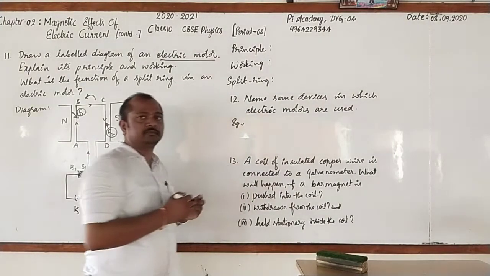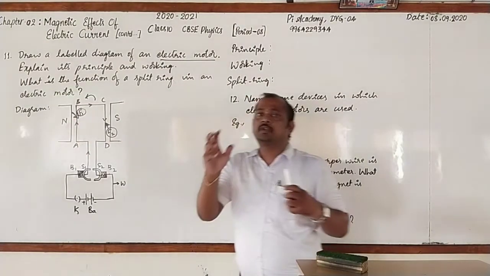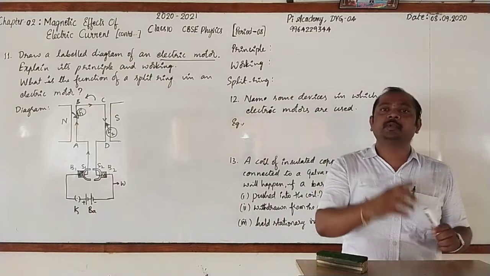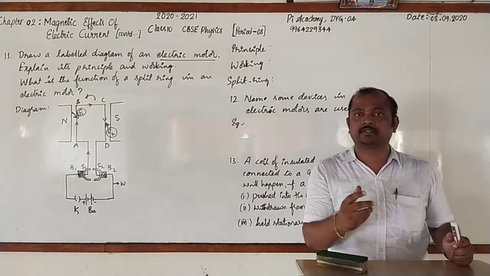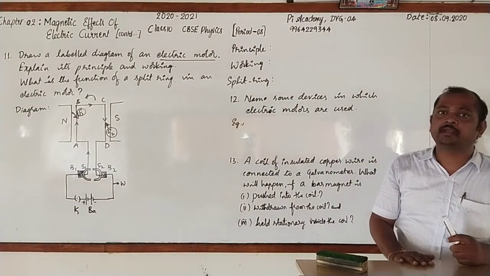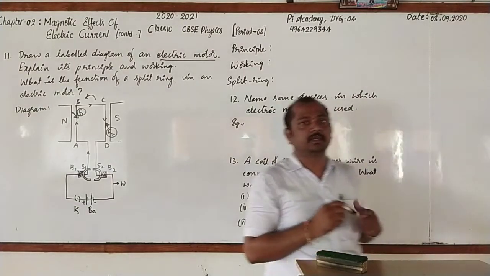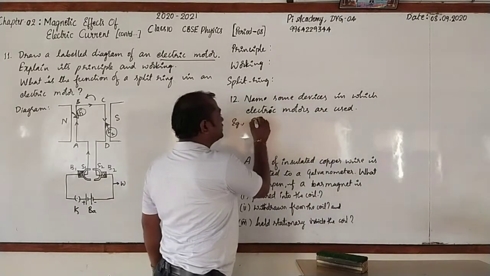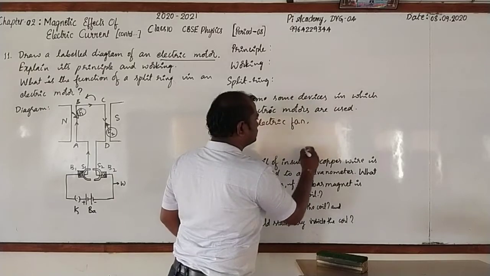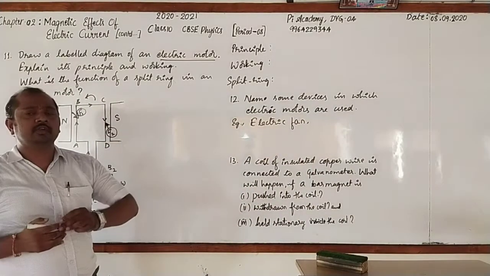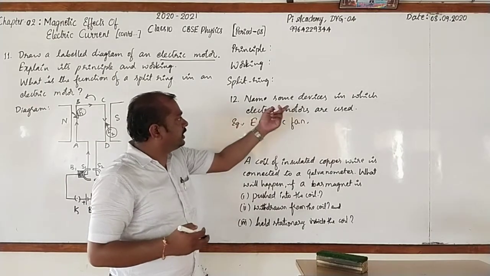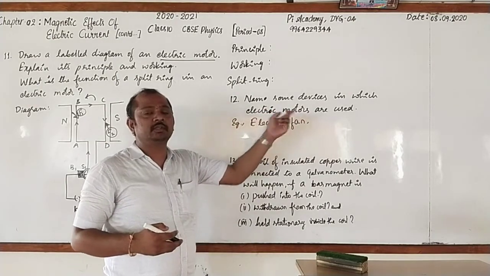Let us go for writing. Say for ceiling and for wall, for movement of the air, we use the device where the electrical energy is converted into mechanical energy. What is it? Yes, it is an electric fan. Likewise, even in your house, you use many electrical appliances where the electric motor is used.